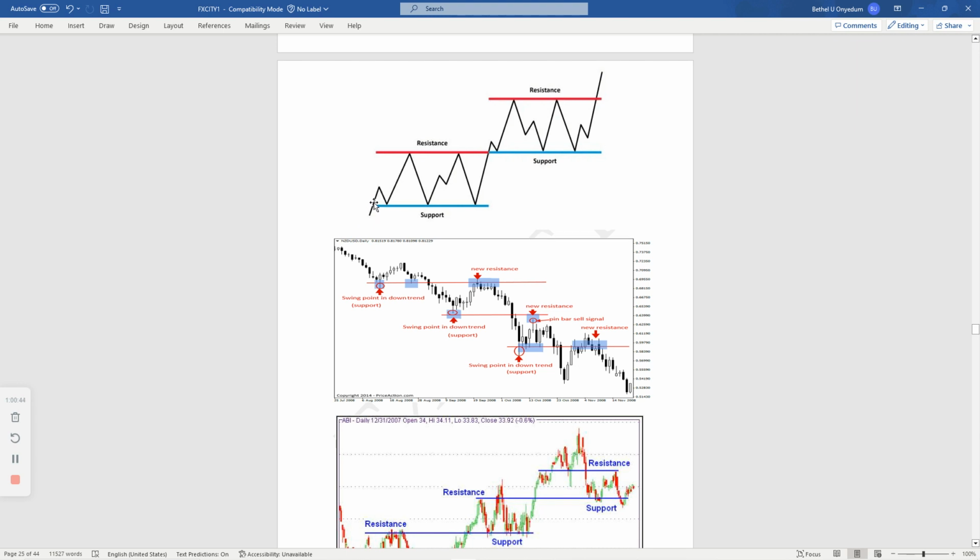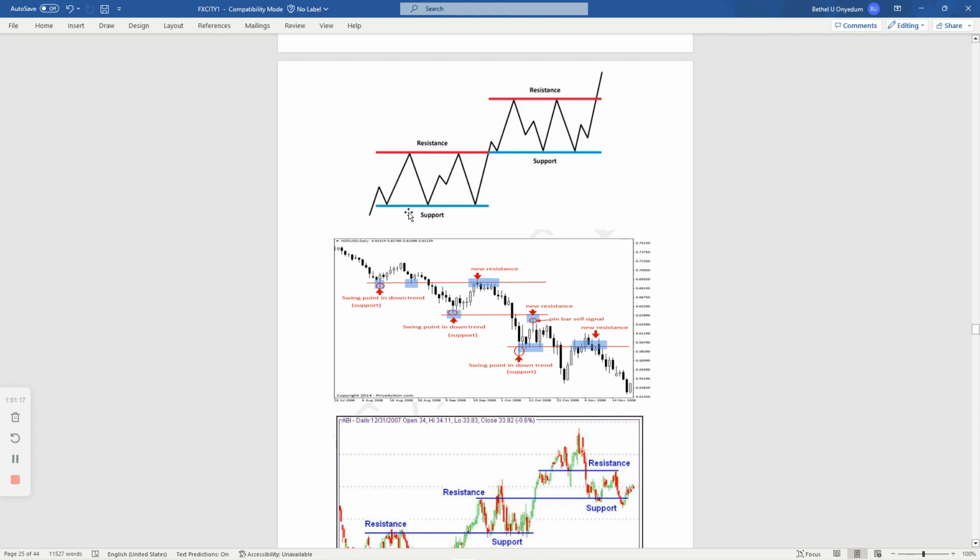So let's say this candle is going up, going up, going up, and it comes down here and it stops here and starts going to the upside again. This place where price stopped and started going back up becomes support. If you trace that, you can see that most times price will still come back to that particular level, stop there again and go back up. And then you can see it come back again, stop and go back up.